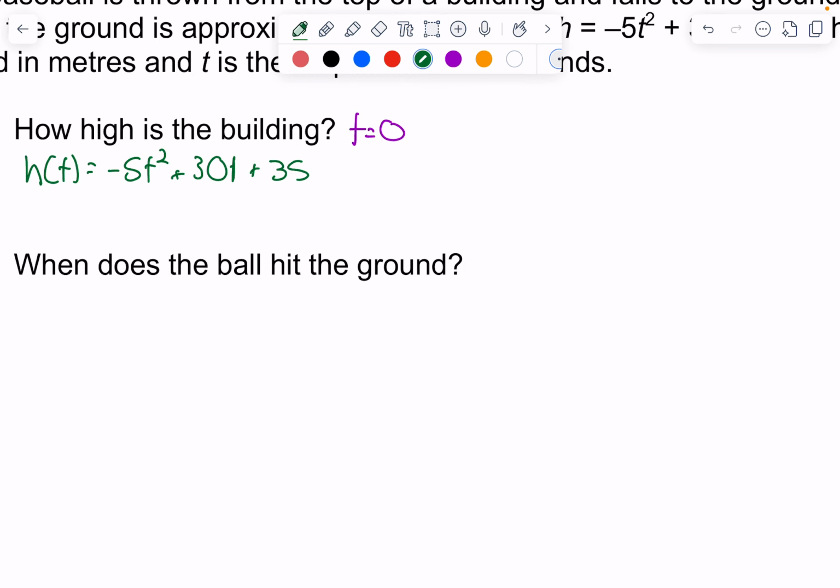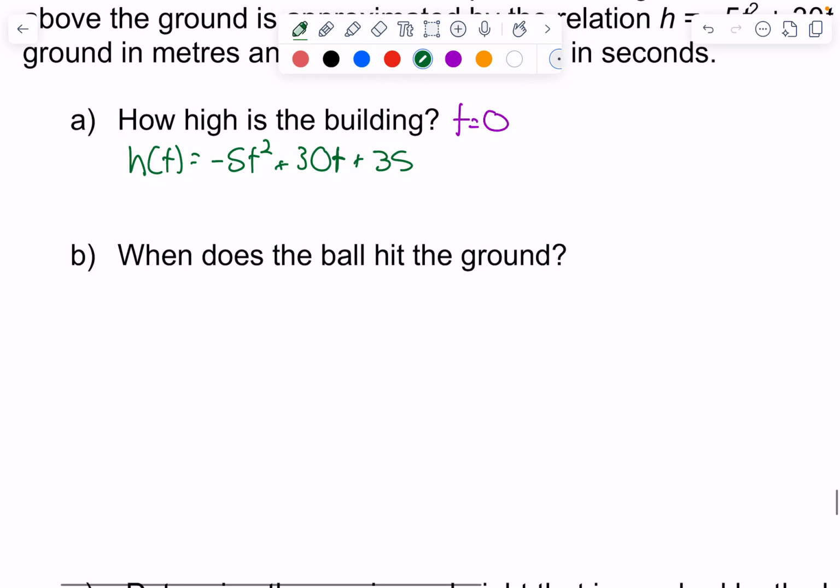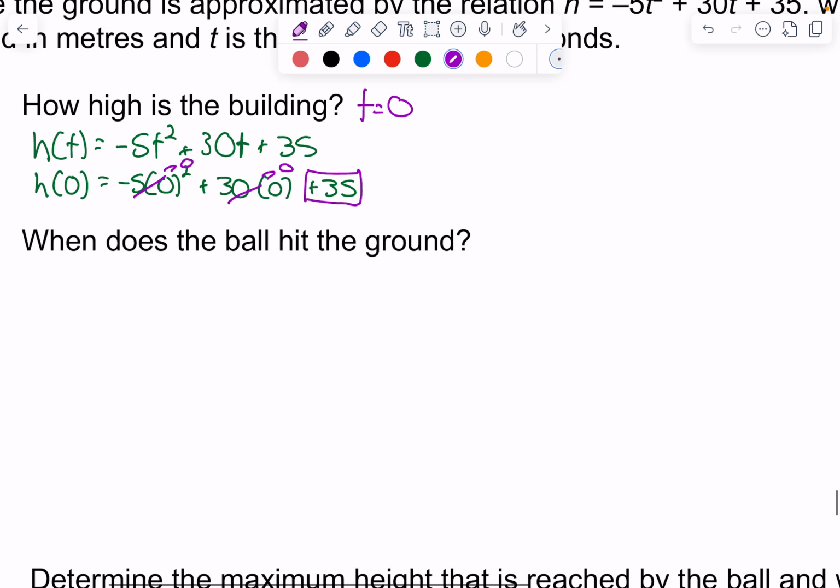You sub in 0 for t: minus 5(0) squared, plus 30(0), plus 35. This term goes to 0, this term goes to 0, so really it's just this. So there, the building is 35.